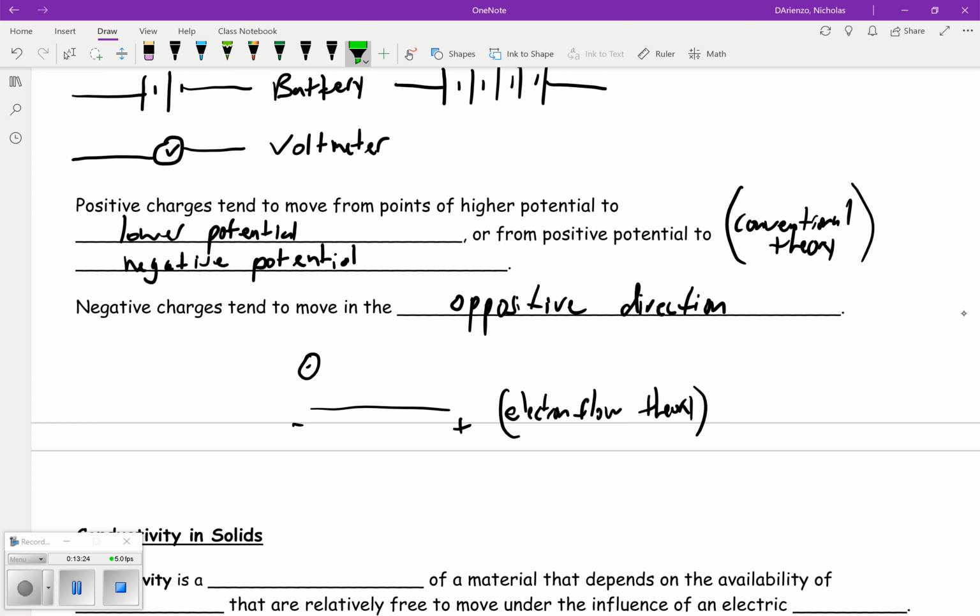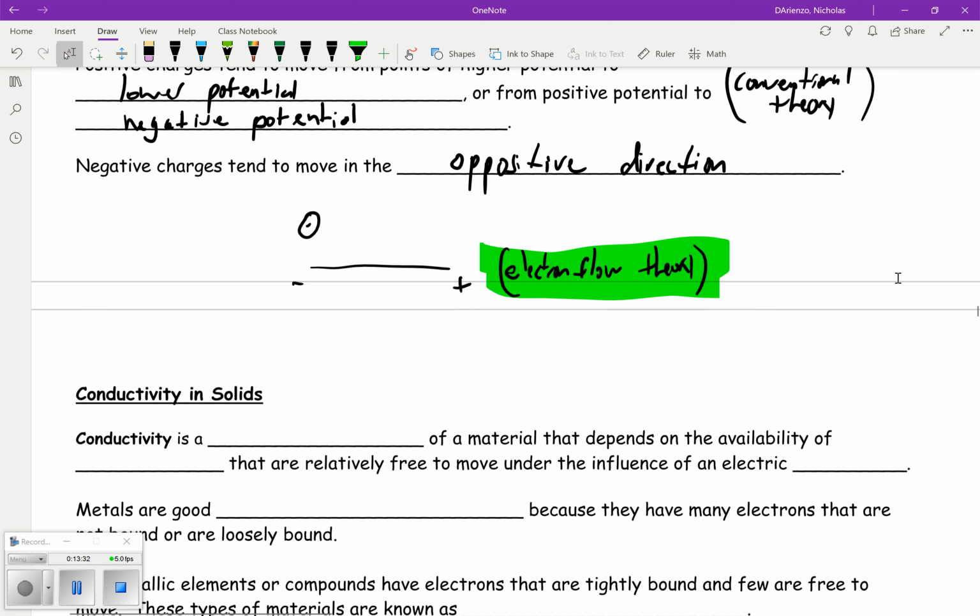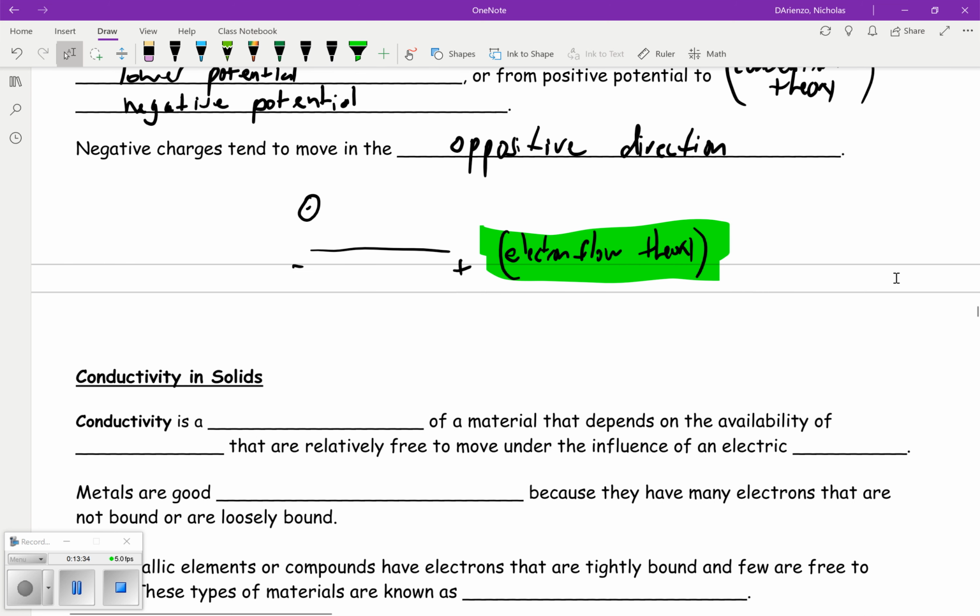And this is the one that we will focus on in this course. Electron flow theory: how electrons flow from negative potential to positive potential. But both can be used. It just kind of depends on the application and the situation.